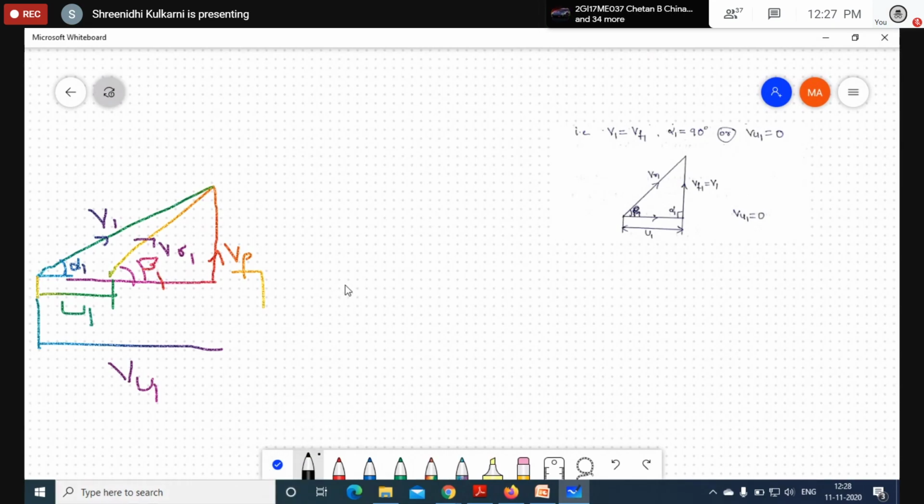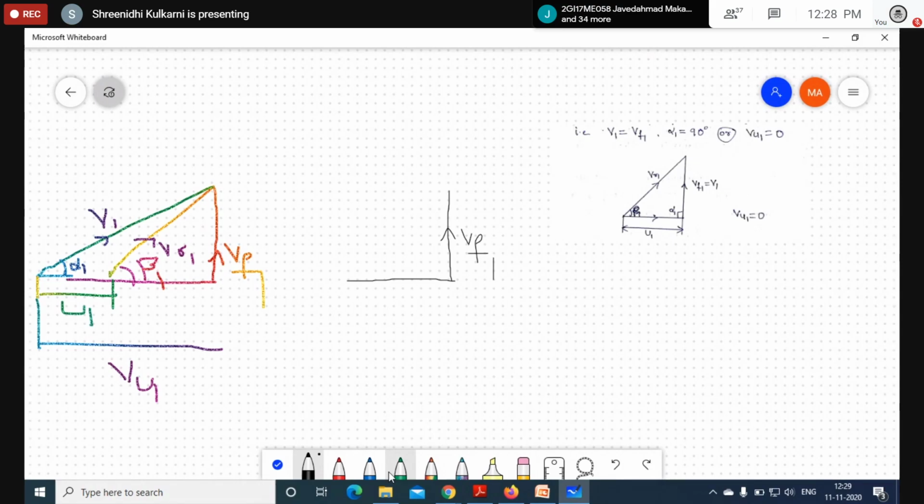I'm going to draw the velocity triangle once again as per the condition. This is VF1, the flow velocity. But what is the condition? The fluid enters axially or radially. Axially means that if the water is flowing, it is parallel to the axis of rotation.